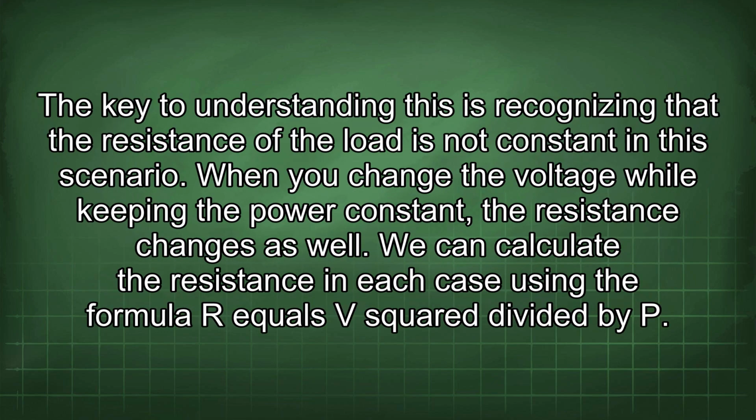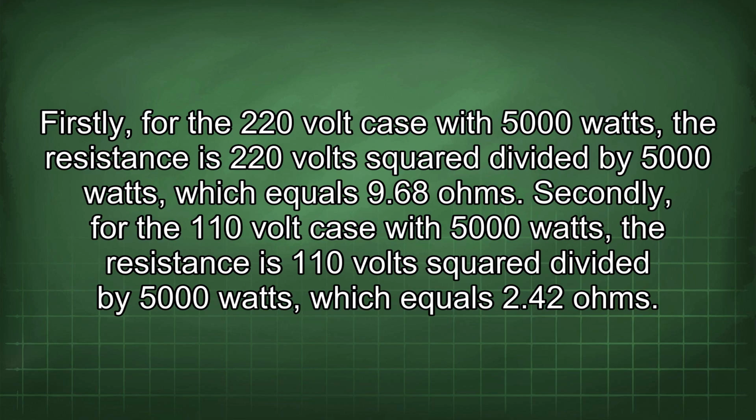The key to understanding this is recognizing that the resistance of the load is not constant in this scenario. When you change the voltage while keeping the power constant, the resistance changes as well. We can calculate the resistance in each case using the formula R equals V squared divided by P. Firstly, for the 220 volt case with 5000 watts, the resistance is 220 volts squared divided by 5000 watts, which equals 9.68 ohms.